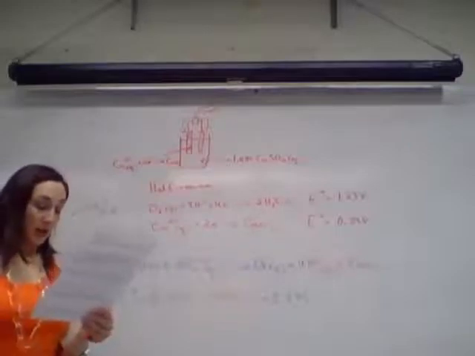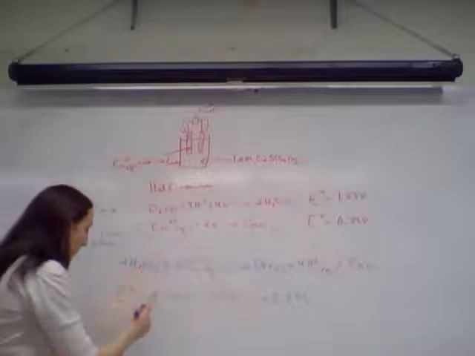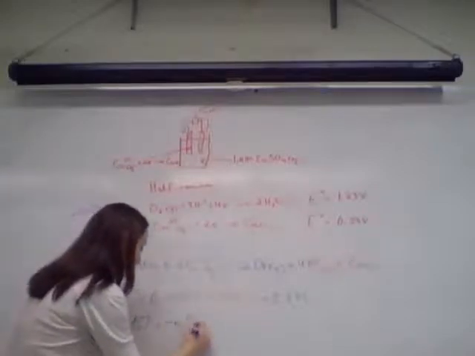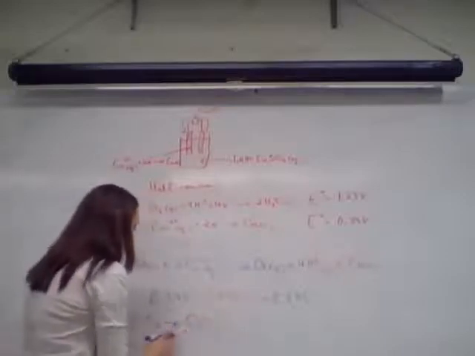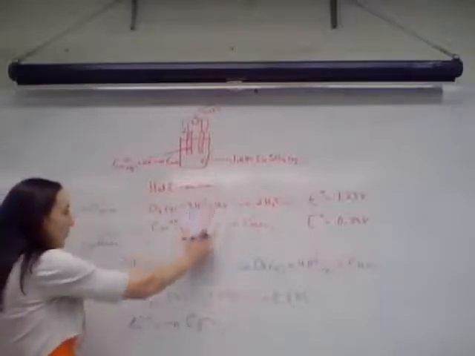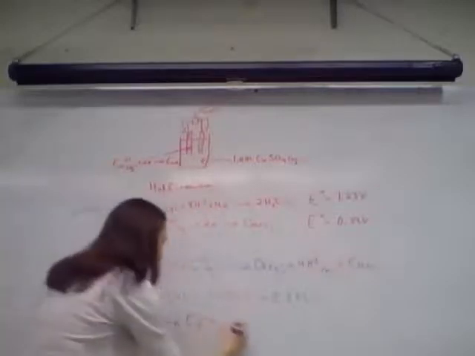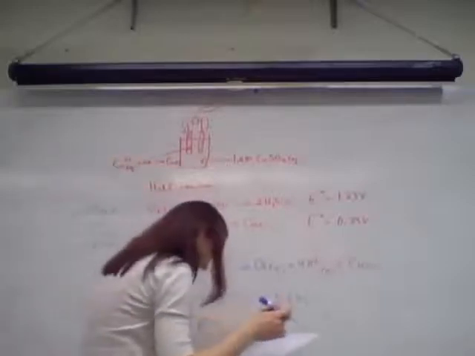So next we're calculating the delta G value, so I can put my calculations where my mouth is, and we know that delta G naught equals negative nFE standard. So n is the number of electrons being transferred, 4 electrons. Before we added the two equations together, we figured out there were 4 for our value of n, so that's a negative 4 times the Faraday constant.